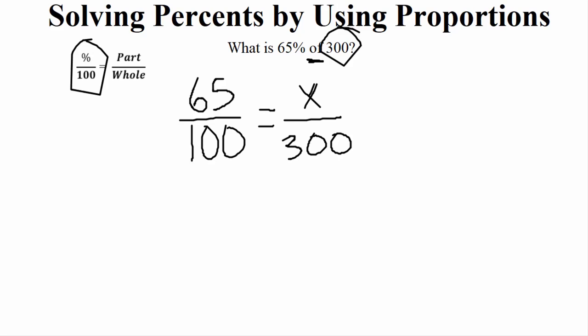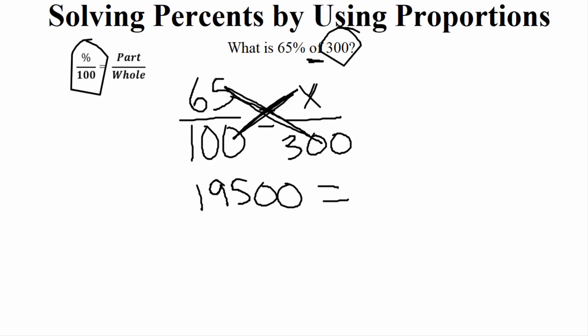So cross multiplication, we are multiplying across our proportions here. So 65 times 300 is 19,500. And that's going to equal 100 times the x, which is 100x, giving us this simple equation to solve.